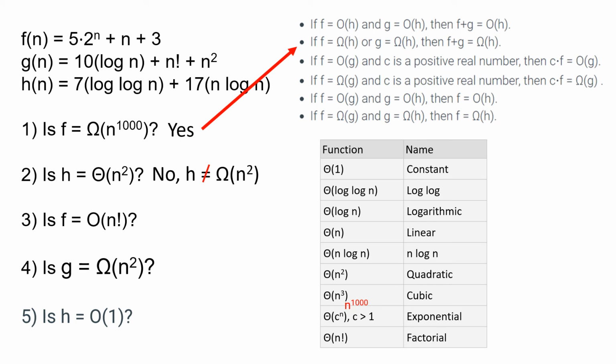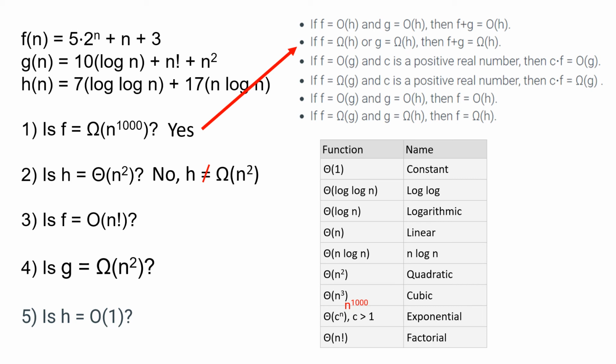But here we see that these are log functions. And if you take a look at this chart, these log functions, the log, and even the n log n, don't grow as quickly as n squared does. So we would not be able to say that h is omega of n squared. And that would be our only hope in eventually showing that h is theta of n squared.